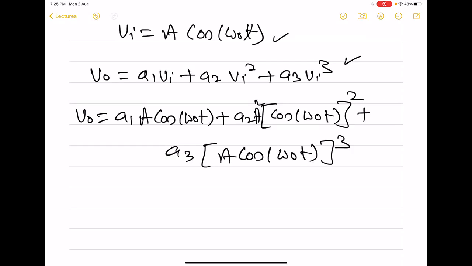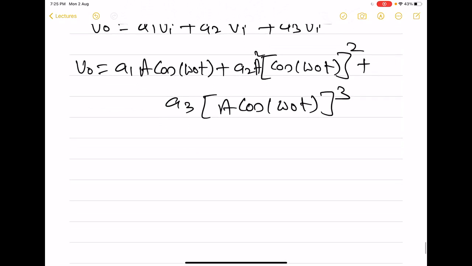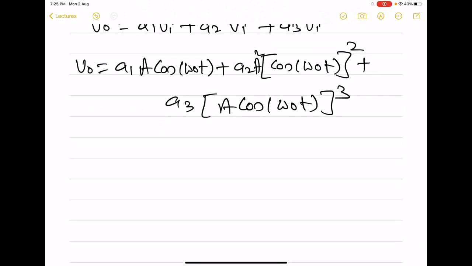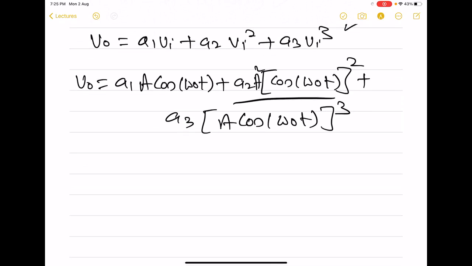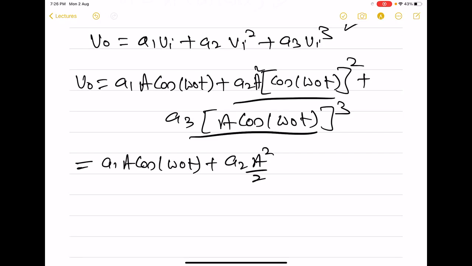So these are the three terms. We will have to expand them to find out what the actual content of the output will be. So we expand this second order term and third order term. The first one remains as it is, A1 A cos omega naught t. The second one, when expanded, will give rise to A2 A square by 2 into 1 plus cos 2 omega naught t.